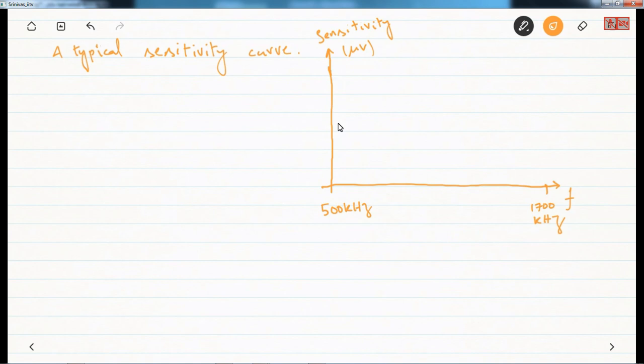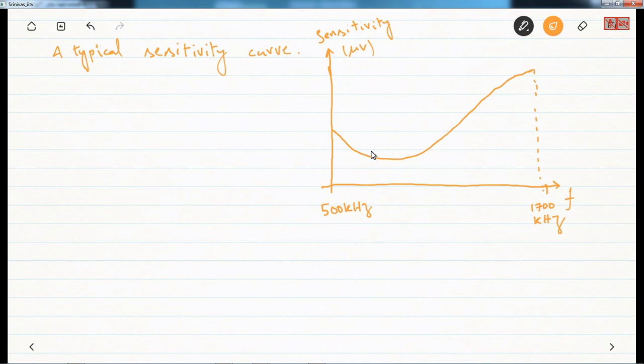This is one example of the sensitivity of one particular receiver. If you take a receiver and measure its sensitivity over the entire frequency range from 500 kilohertz to 1700 kilohertz, you may get a response. I'm not saying all receivers will have the same response.